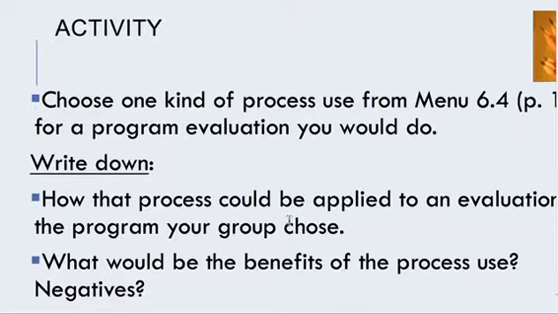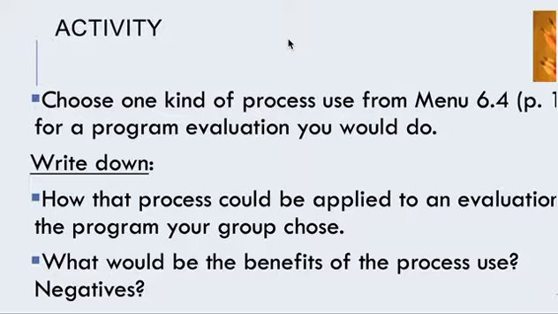So this is the last slide of step 6 with process uses, and I'd like you to go back to menu 6.4, and that is on page 164. And I'd like you to think of a type of program evaluation, the name of a program evaluation you would like to do.